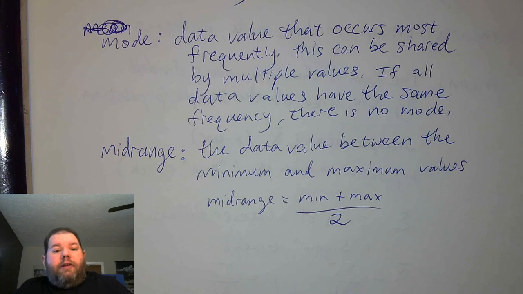The median is nice when our data set is skewed. Whether it's skewed left or right, the median is pretty informative as far as roughly where the center of the set is. Mean is a little bit more reliable when we have a relatively symmetric data set as far as the values go.